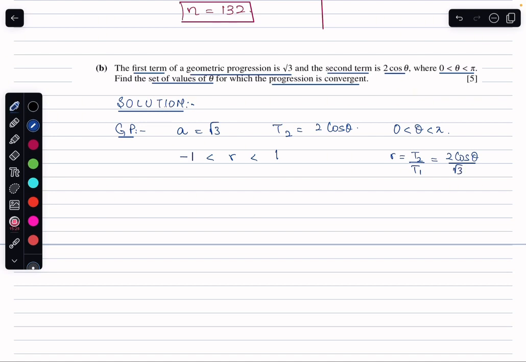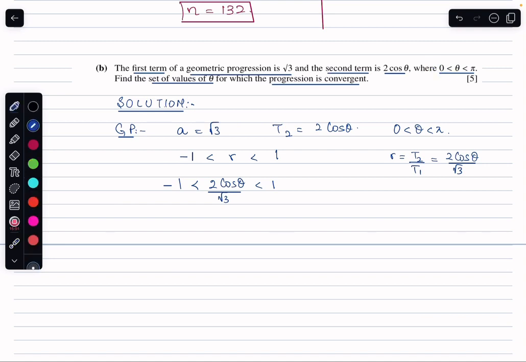Please remember, I need to find the set of values of theta for which our common ratio has to be between negative 1 and 1. And also, we are talking about the first and the second quadrant here.